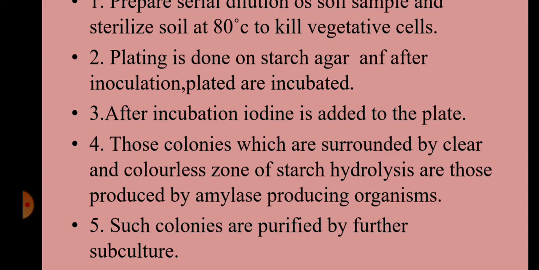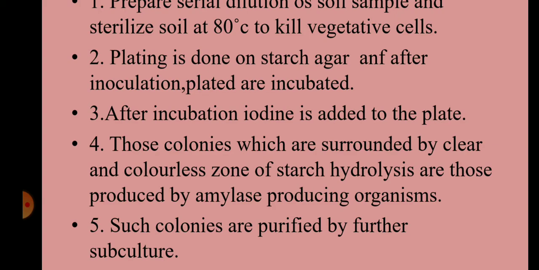Now those colonies of microorganisms which can produce the enzyme amylase will degrade starch, will hydrolyze starch and convert it into smaller products. When the starch surrounding a colony is hydrolyzed, it will not react with iodine and it will not show any blue color.